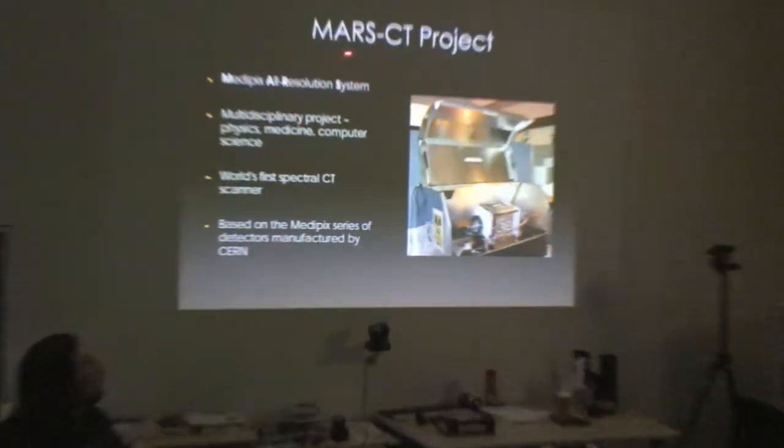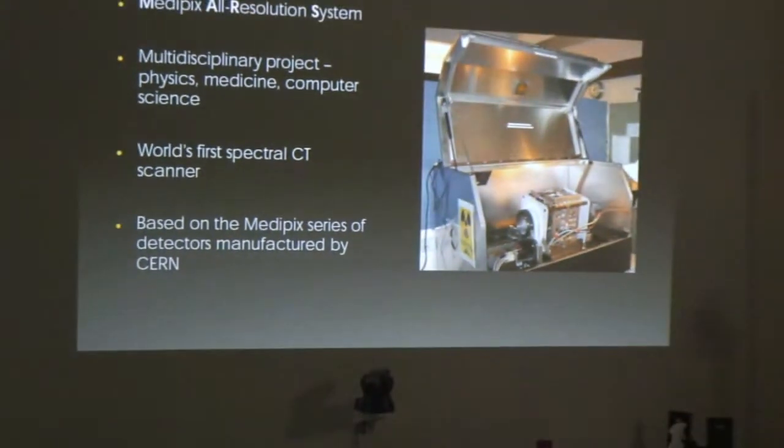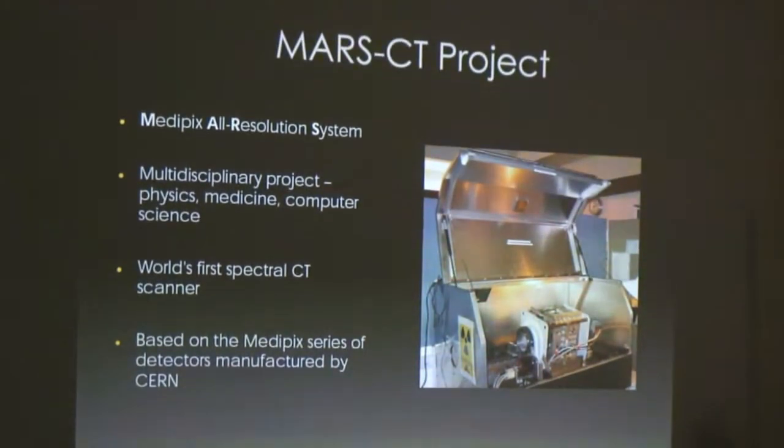And the word Mars stands for Megapixel Resolution System. So unfortunately, this is not about going to Mars. But it's basically about the size of this table, made of lead, for obvious reasons. And then you will have your source and detector here, and the sample will go in the middle.